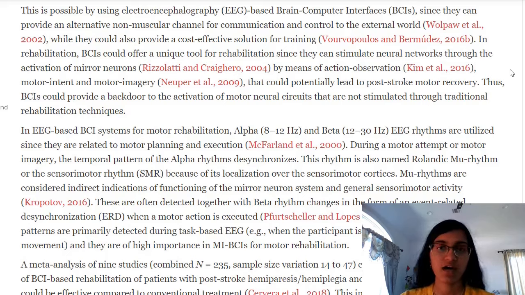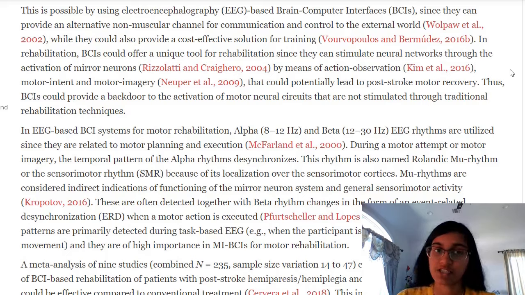Essentially, a brain-computer interface is a device that allows neuronal signals to be translated into an external device. For example, when people use robotic limbs, this is a brain-computer interface, because the neuronal signals are being translated into the movement of the robotic limb.